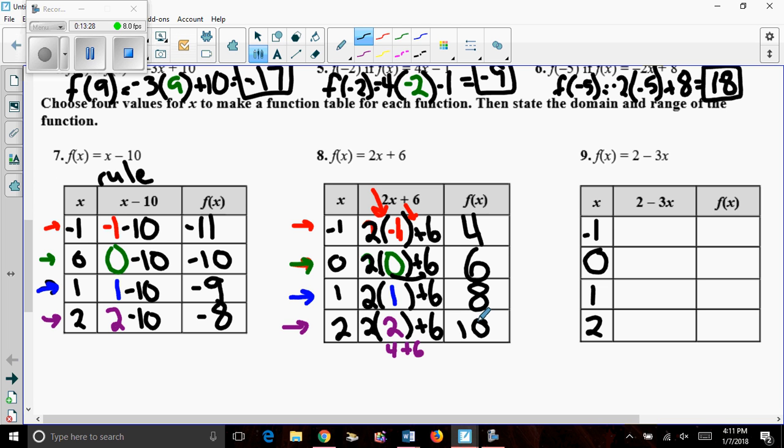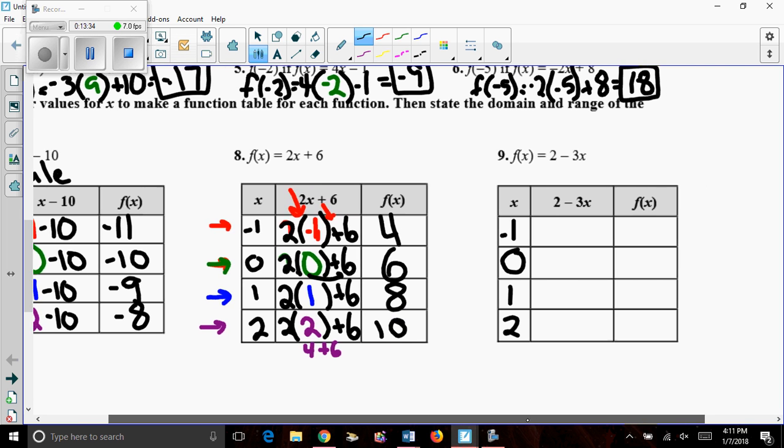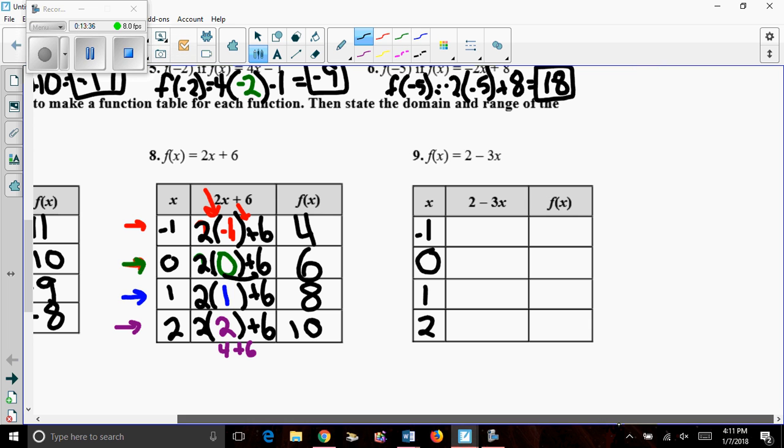All right, this next one is something I want you to be careful about, because I've already noticed some mistakes people are making in the order of operations. So I've got a lot of clear space over on the right. I'm going to write all this out to make sure we get the pattern. Now here, our rule is 2 minus 3x.